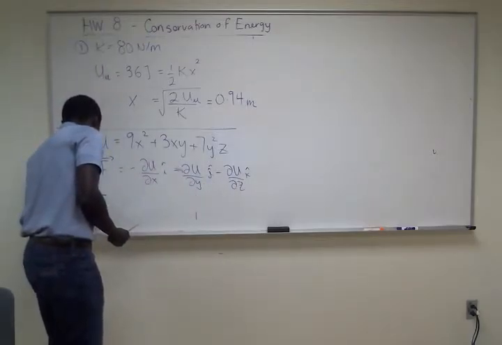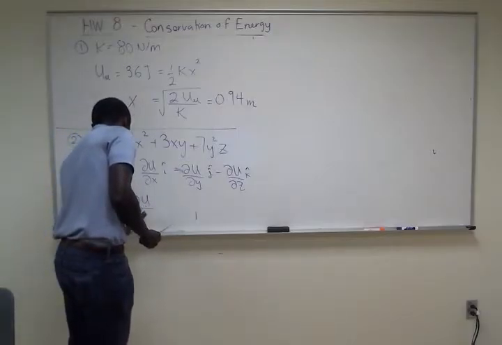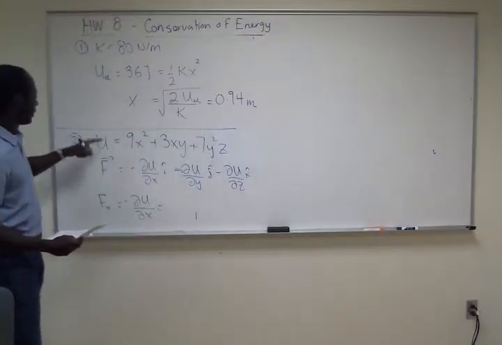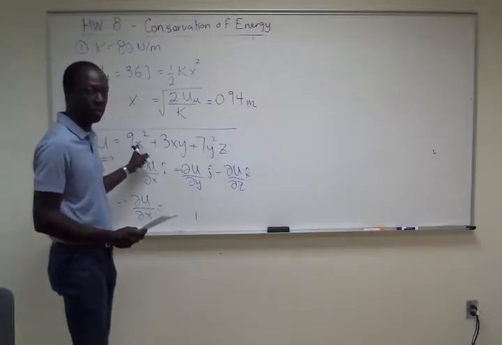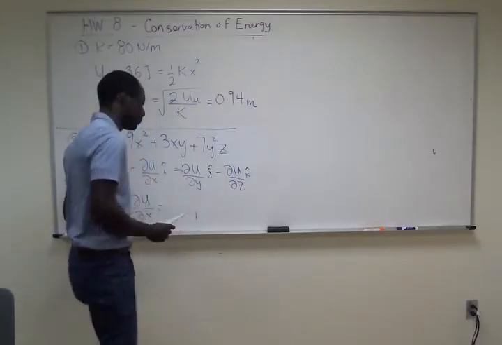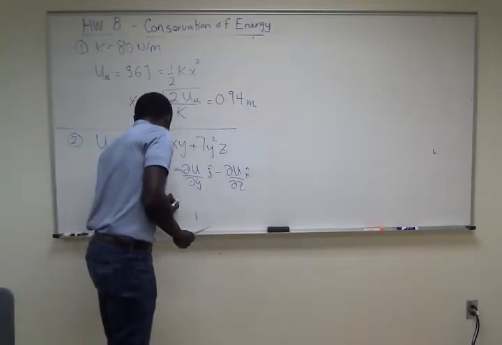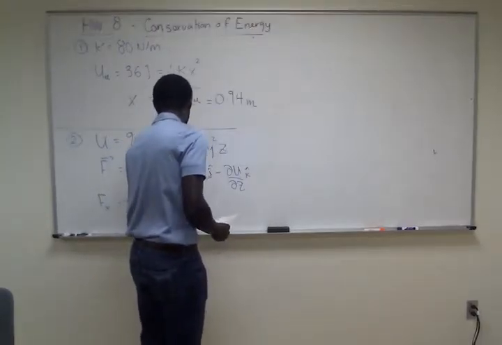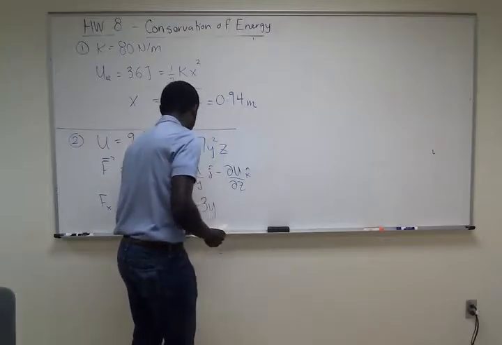So for example, to find the x component, we have to take the partial derivative of U with respect to x. Our function U is 9x squared plus 3xy plus 7y squared z, so we differentiate this with respect to the x variable, and take the negative sign of that to get the force. So here we have minus 18x minus 3y.